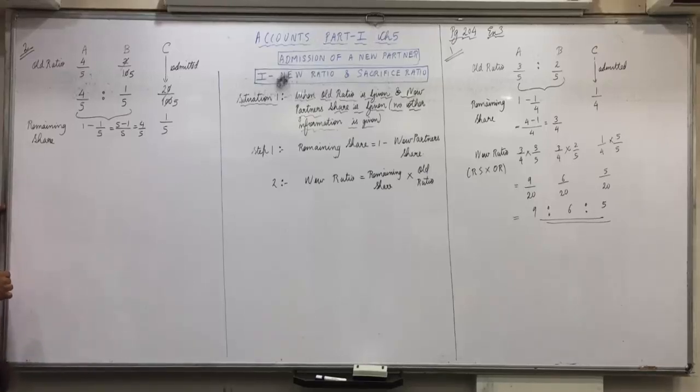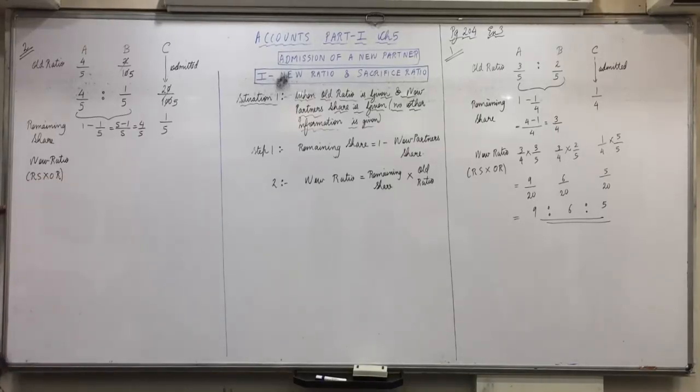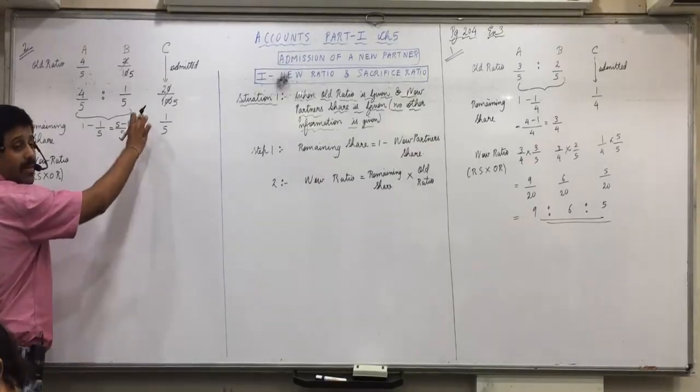Next, new ratio will be obtained as remaining share into old ratio. How will you do it for A? Remaining share is 4/5, into old ratio 4/5. Be attentive everyone.